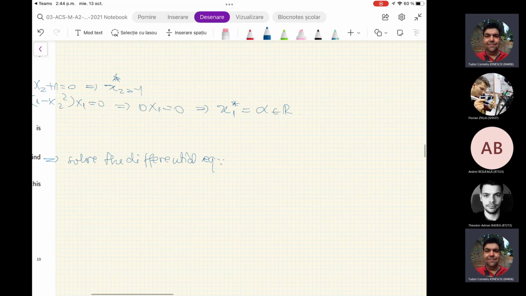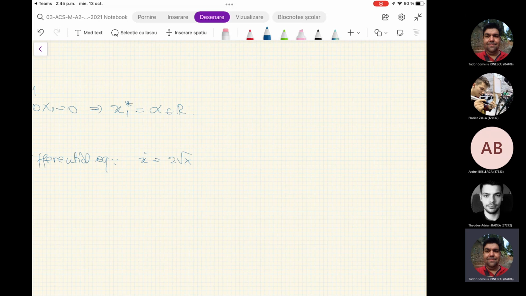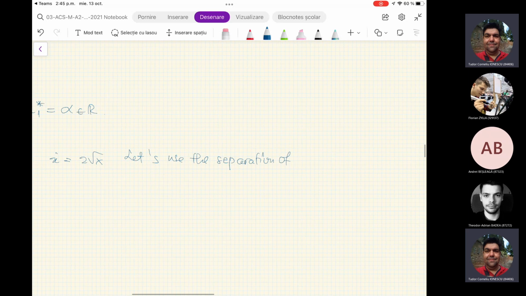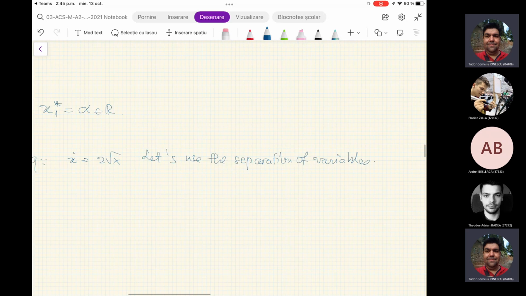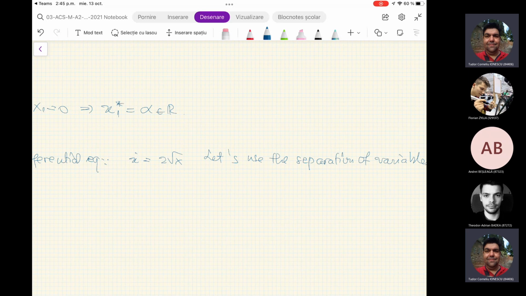So we have, once again, x dot is 2 square root x. Let's use the separation of variables. You take everything with x and put it to the left.